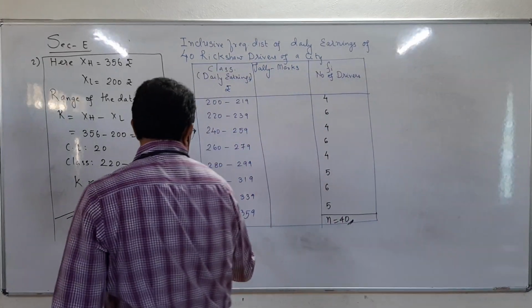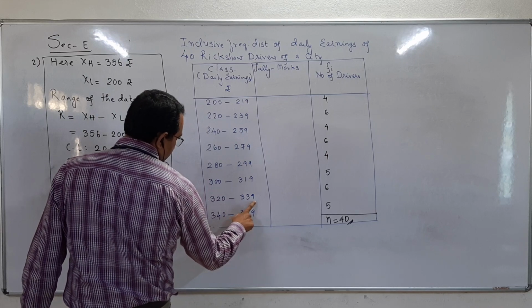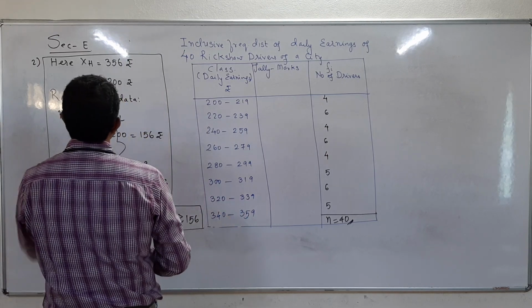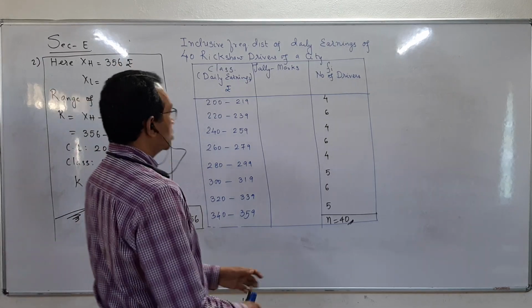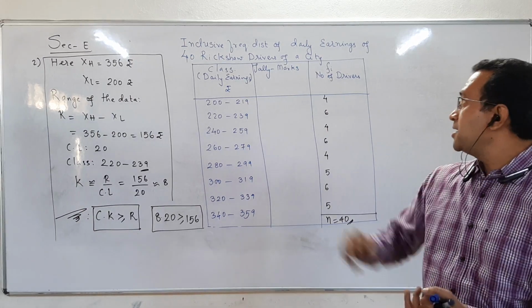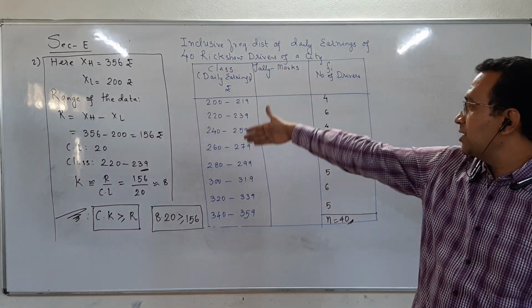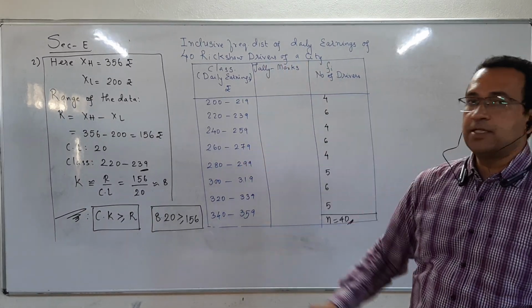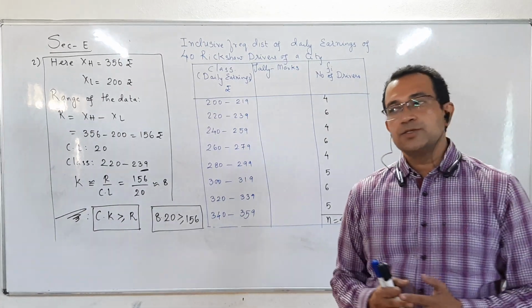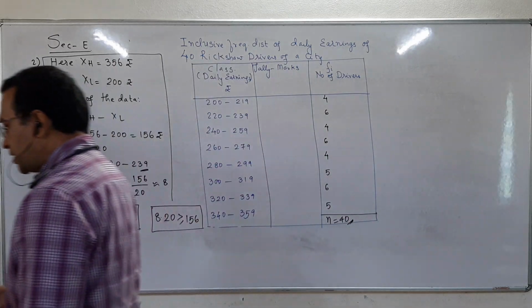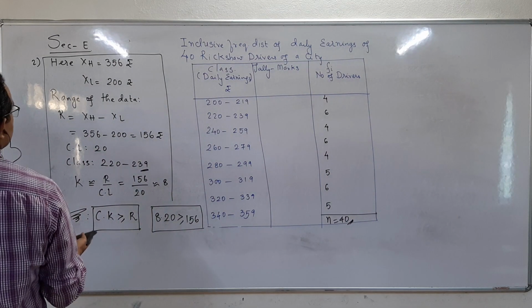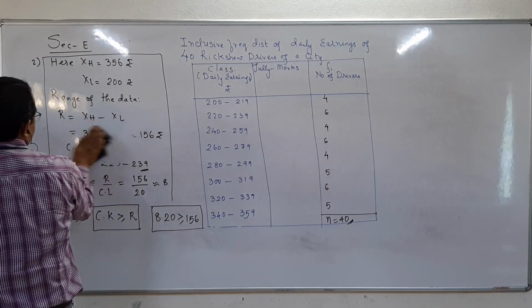Here by mistake I wrote 349, it should be 339, and then 340 to 359. 359 already includes 356. So title, range, number of classes, and the relation C into K greater than or equal to R must always be followed whenever you prepare a continuous frequency distribution.